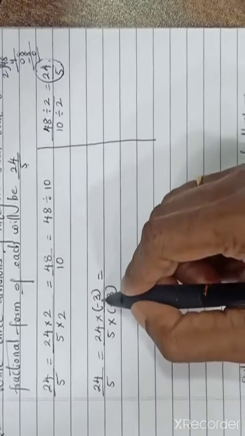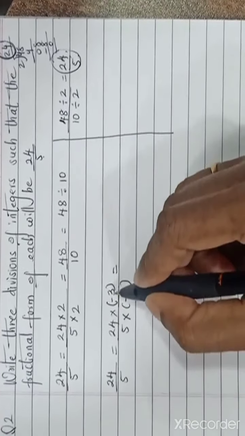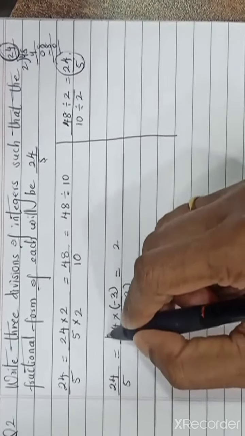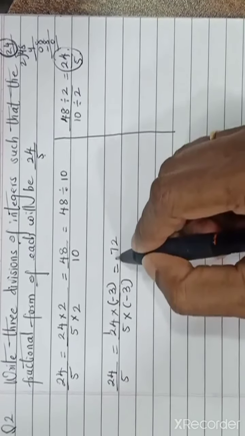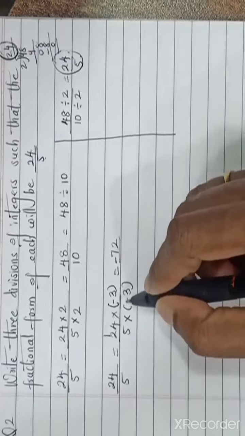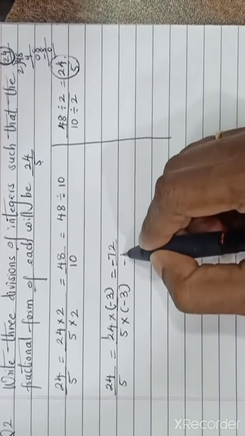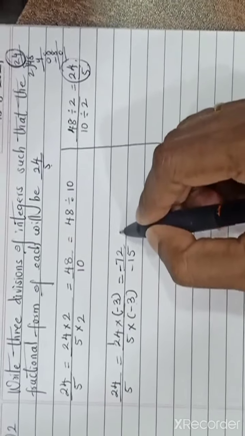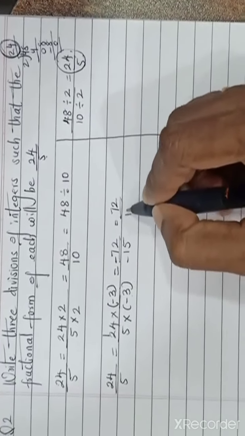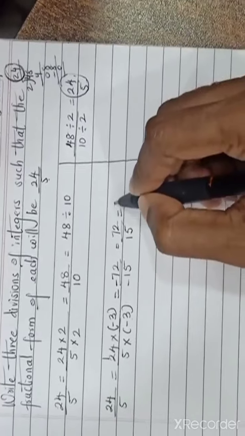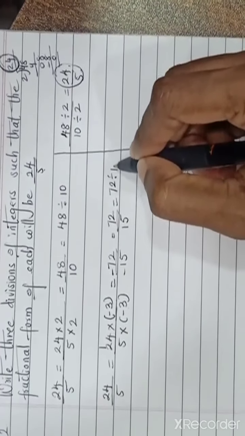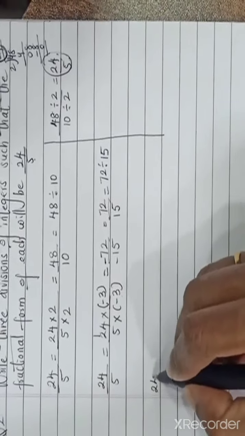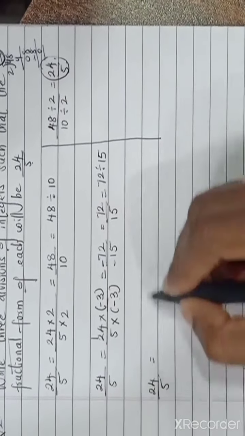So minus 3 multiplied by 24, 3 4s are 12, 1 carried over, 3 2s are 6, 6 plus 1 is 7, and this minus will come here, and minus 3 multiplied by 5, that is minus 15. Minus minus become plus, so 72 upon 15, we will put in the division form, 72 divided by 15. Okay, now one more, 24 upon 5. We want 3 numbers, so we got 2.